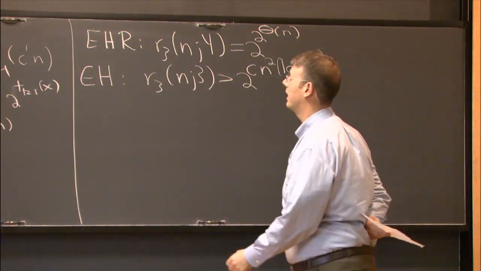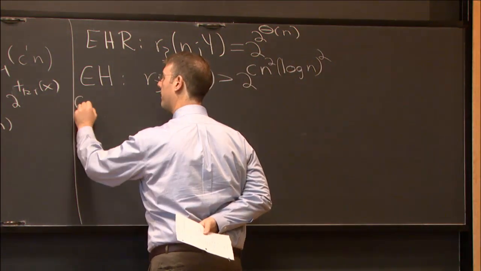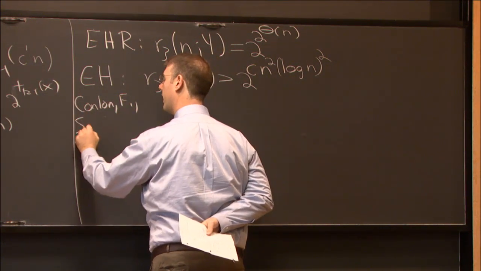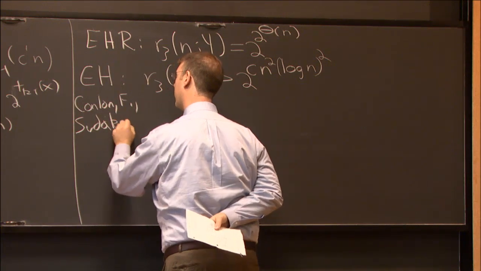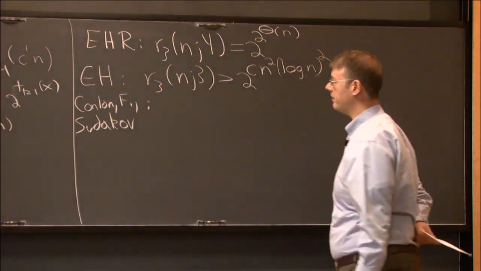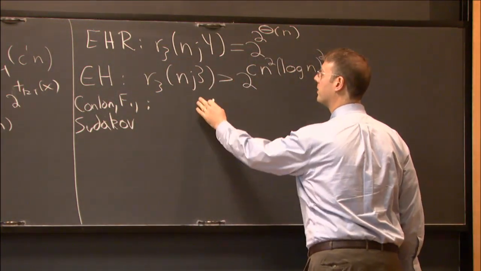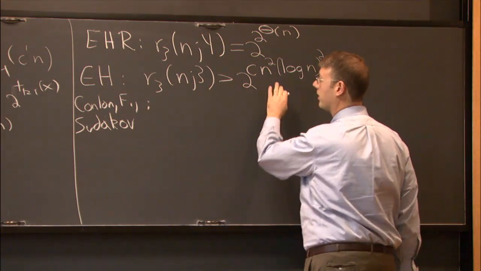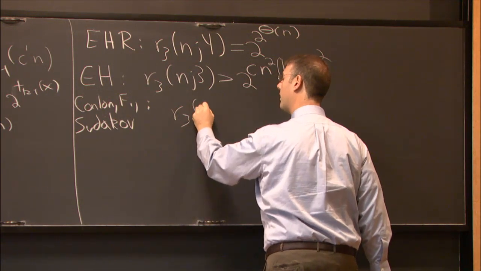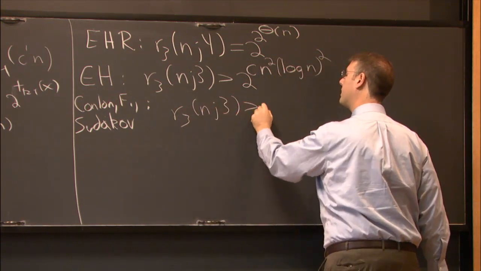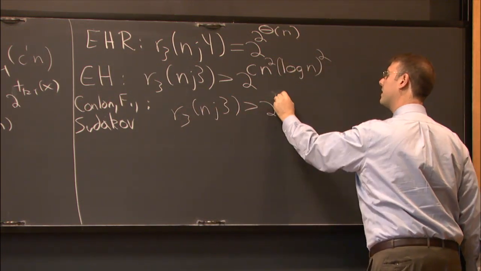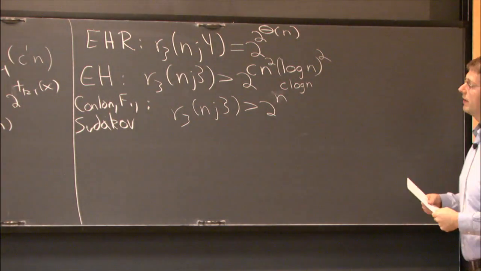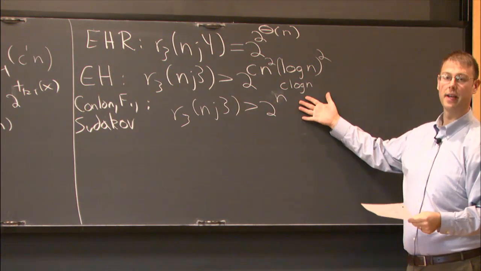This was improved by David Conlon, myself, and Benny Sudakov, where we proved that R3 of n, 3 colors, is bigger than exponential in any polynomial in n. So when you allow 3 colors, you get at least 2 to the n to the c log n. It's an exponent. And this is by a variant of the stepping up technique.